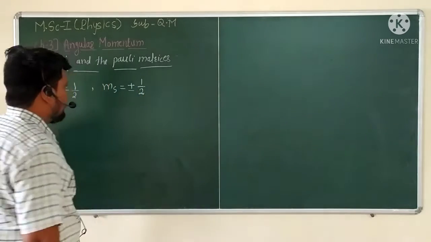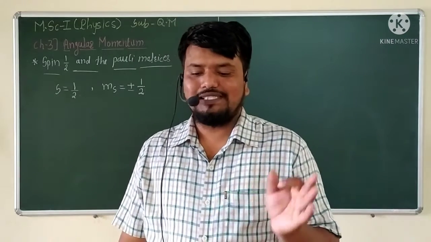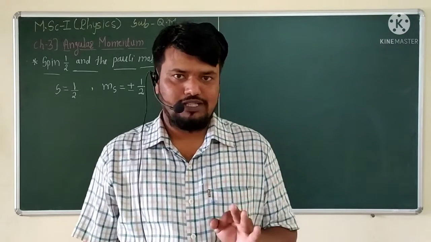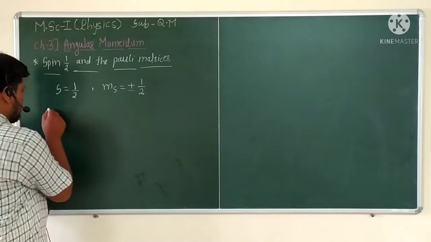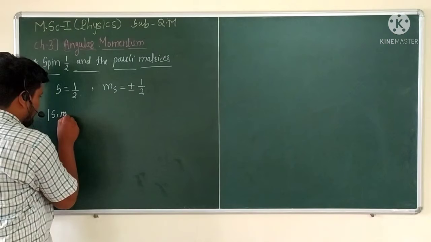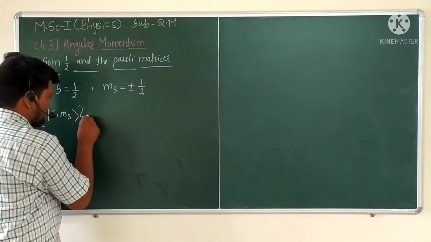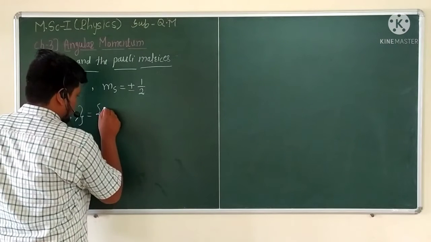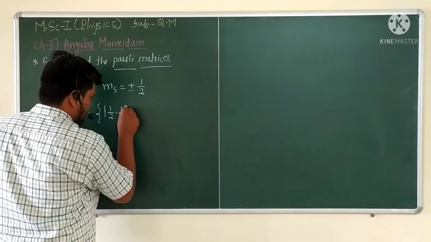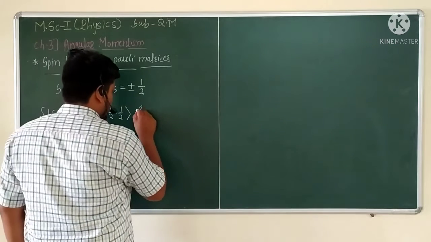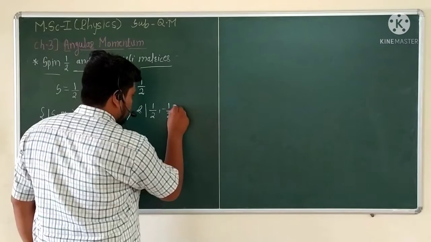If we consider the particle, it can be found in either of the following two states, the eigenstates of the spin, which is nothing but the ket |s, ms>. One basis is the ket |1/2, 1/2>, and the other basis is |1/2, -1/2>.